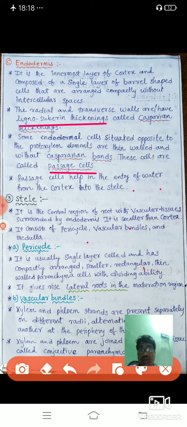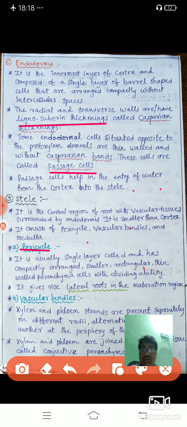In this stellar region, the first part is the pericycle. It is usually single layered, with compactly arranged smaller rectangular, thin-walled parenchyma cells with dividing ability.